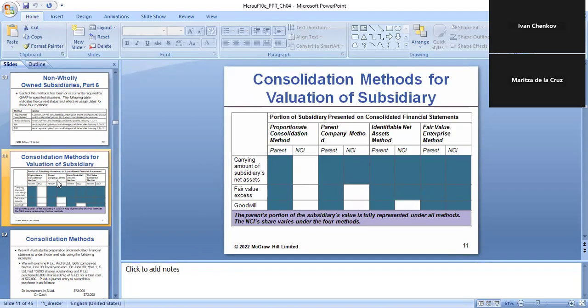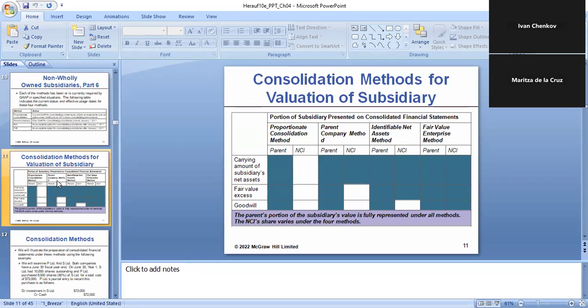And then for presentation purposes, for the consolidation method, we have to use either the identifiable net assets method, or the fair value enterprise method. And that's to account for the non-controlling interest which we have in the company. So since we don't have 100% of the company, there will be non-controlling interest that's going to exist. And that non-controlling interest has to be presented in the first calculation, which is for the acquisition of the company and allocation of the price differential.